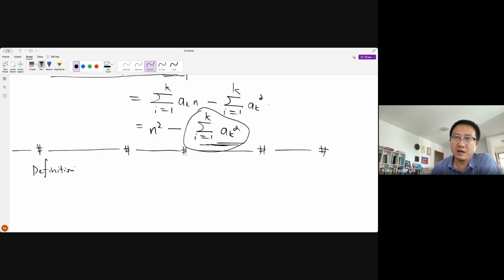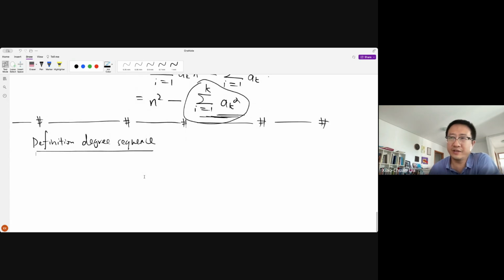So I think it's a very natural definition. What do we call a degree sequence? Do you agree this is a kind of natural definition? It's just d1, d2, d3, and dn, right?